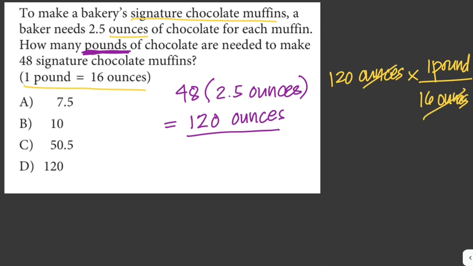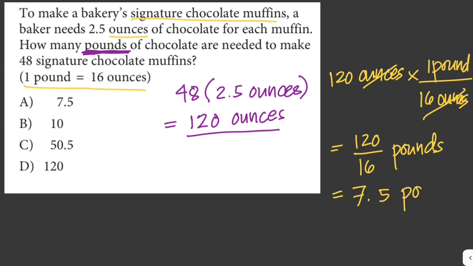Ounces here can cancel out. So we have 120 over 16 pounds. So this is just equal to 7.5 pounds. So our answer here is letter A.